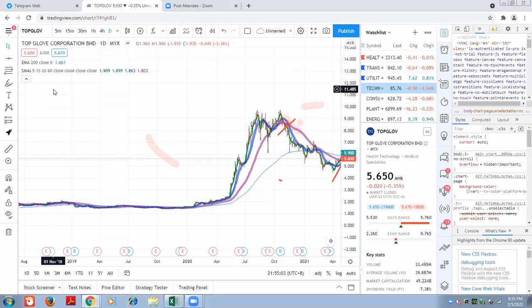Please write down now: EMA 50 and EMA 200 is for forecasting. When the price is above the EMA 50 or EMA 200, it will give a big impact on the price changing.